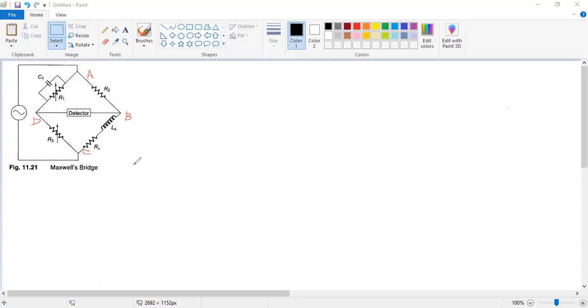Now, for the calculation, we can find Z1, Z2, Z3, and Z4, because R3 is there.